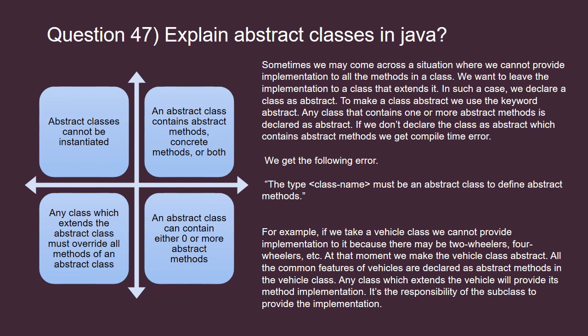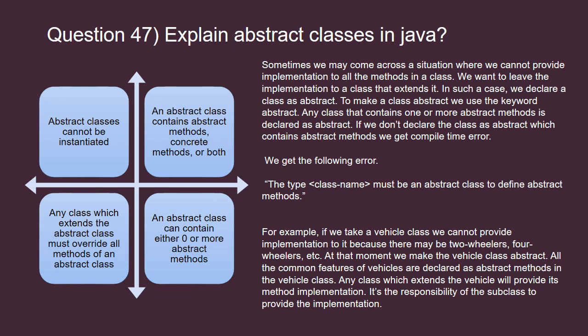Any class that contains one or more abstract methods is declared as abstract. If we don't declare the class as abstract, which contains abstract methods, we get a compile time error. We get the following error: the type class name must be an abstract class to define abstract methods.